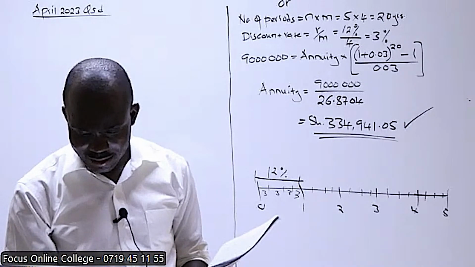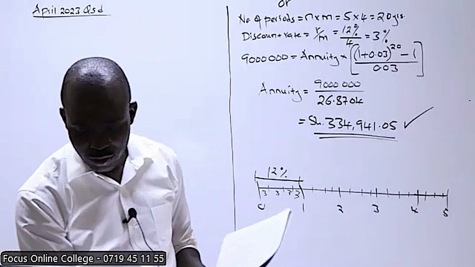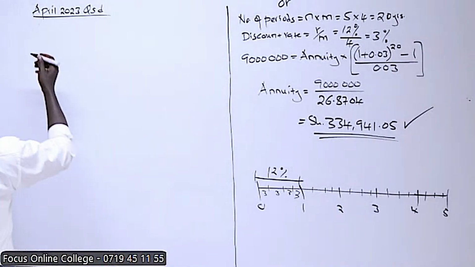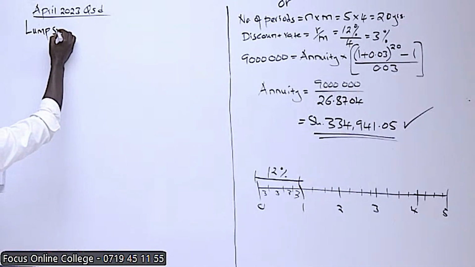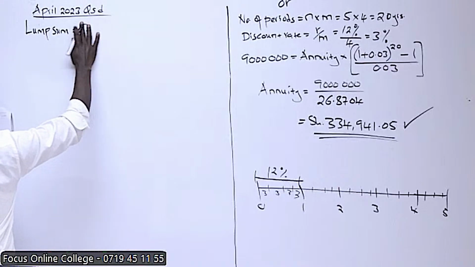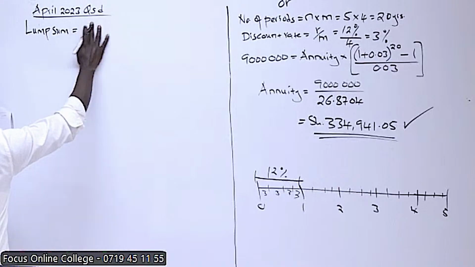So you need to get the present value of each separately. Here we have a lump sum of shillings 700,000.